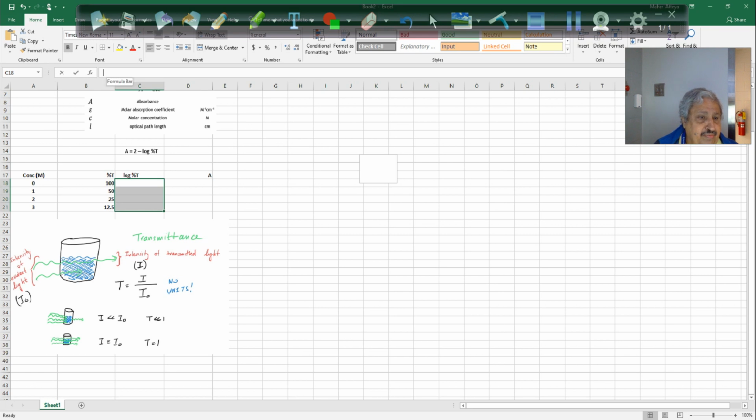I will type the formula. All the time with formulas you start with equal to. This one here is log of 2, correct? So I will write here equal to, and then open a parentheses.